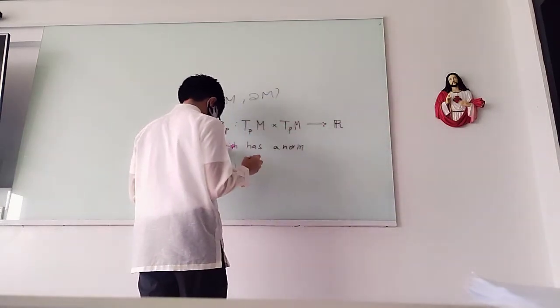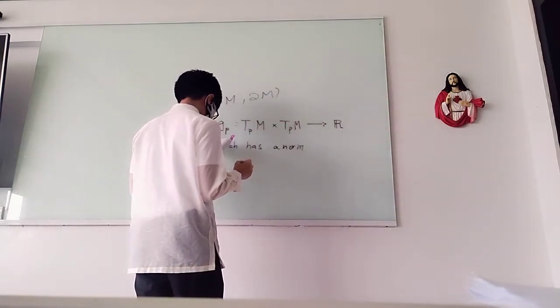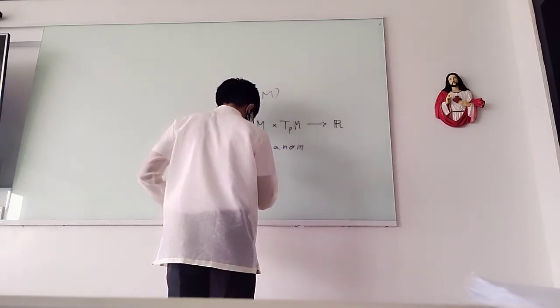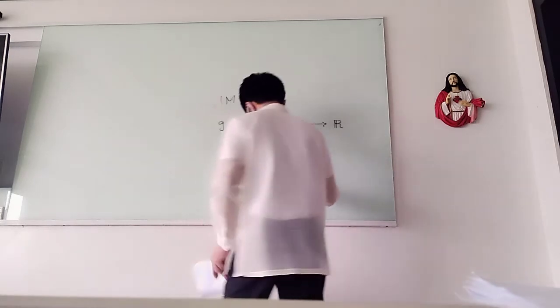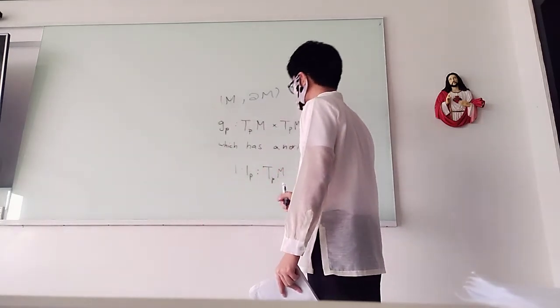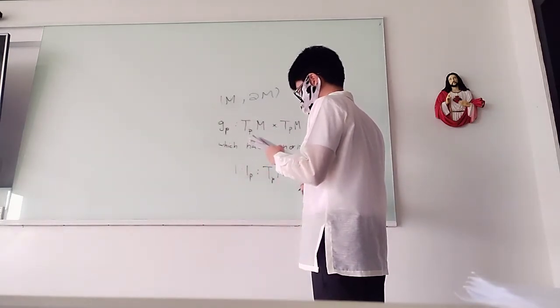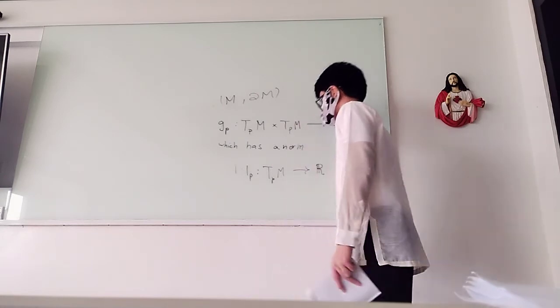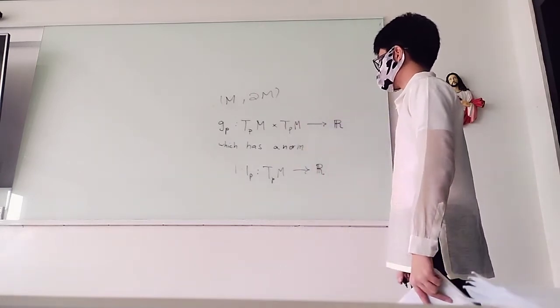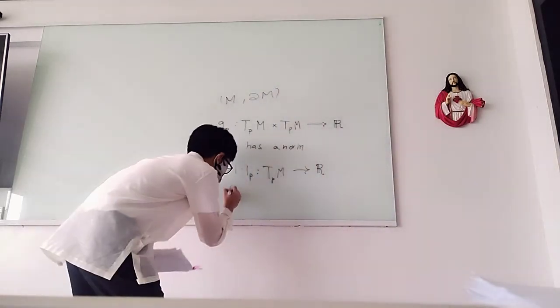So dot norm dot at the point P maps one input, a vector, inside the tangent space of M, and it maps it onto R. That's one.